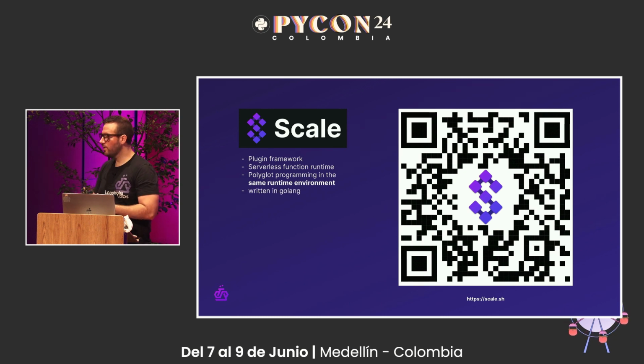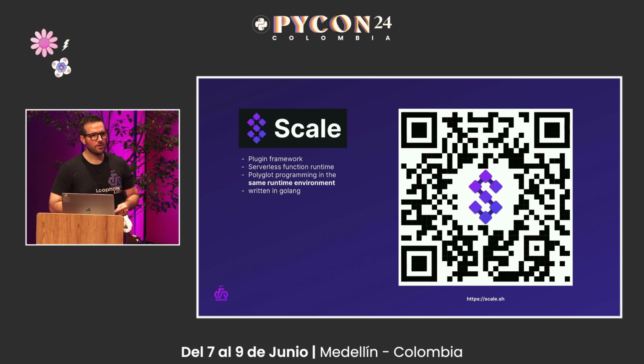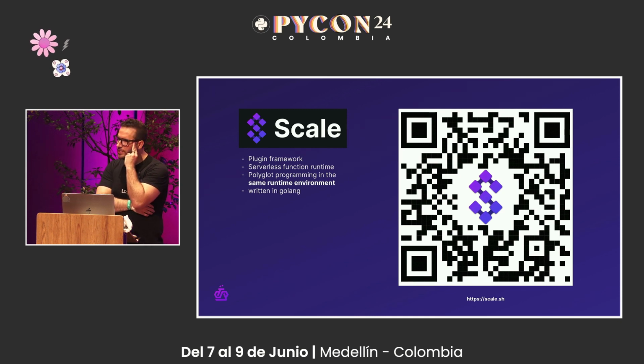So Scale is written in Golang. We use Golang because it's a quicker and easier systems language. We do a lot of Rust, but Golang is a little bit quicker to iterate with. So why do we need something like this? Well, we did some experiments where we noticed, for example, that in Golang the regex library is kind of slow, okay?